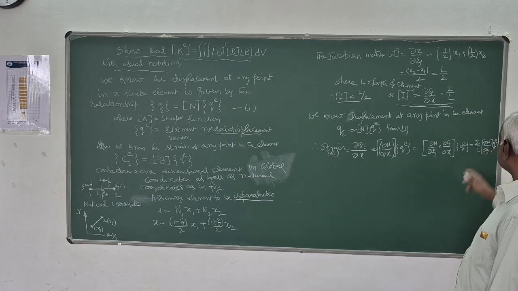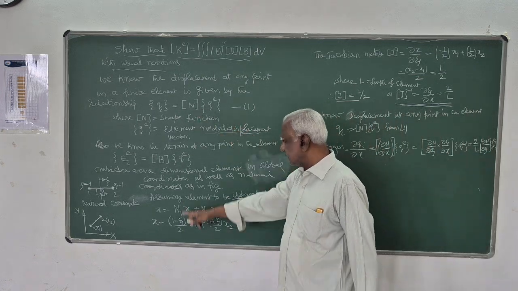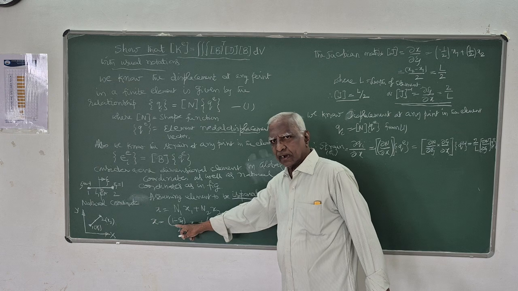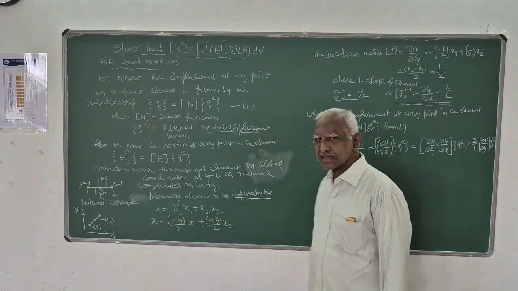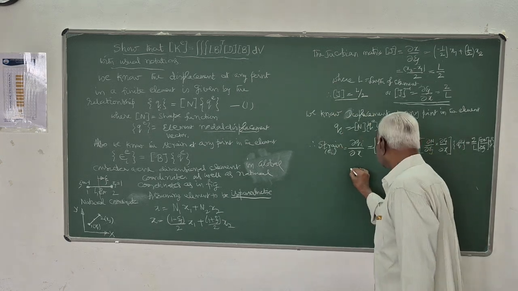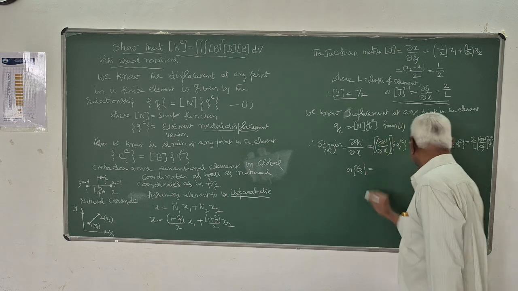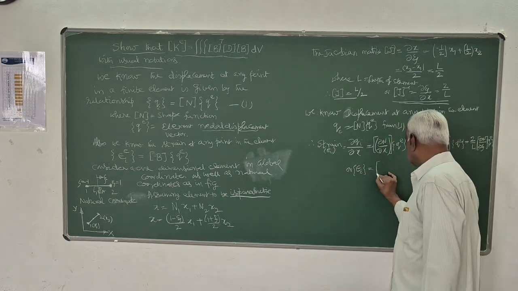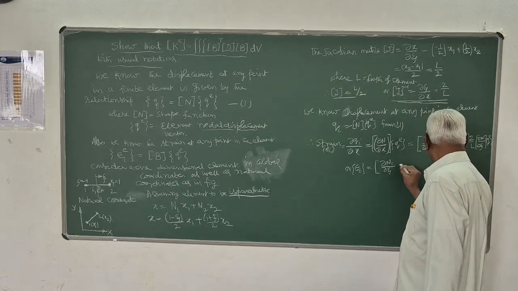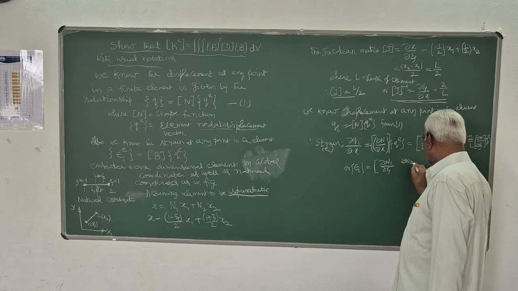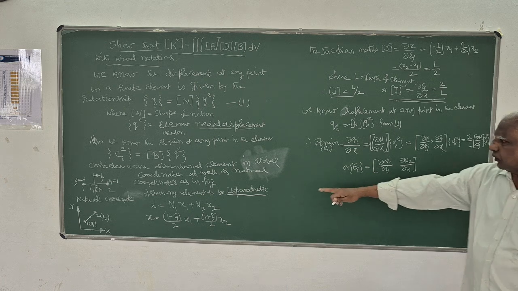So now you substitute for delta n by delta xi. Delta n by delta xi is nothing but delta by delta xi of (1 minus xi by 2), (1 plus xi by 2). So this is delta n1 by delta xi, then delta n2 by delta xi, because n is n1, n2.